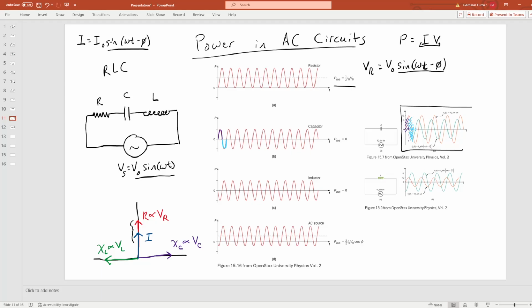Really, it is this point that everything is negative. Okay. And then at that point, your current becomes positive, but your voltage is still negative.